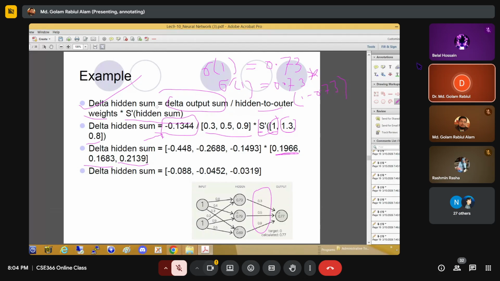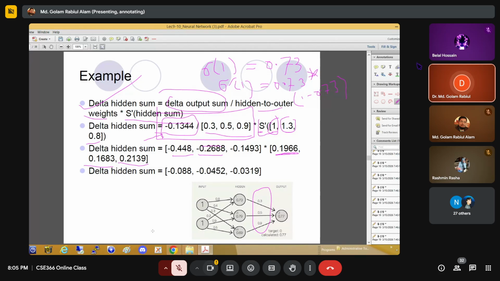And from this part, negative 0.134 divided by 0.3, you will get this value, and negative 0.134 divided by 0.5, you will get this value, and 0.1344 divided by 0.9 will be 0.4493.